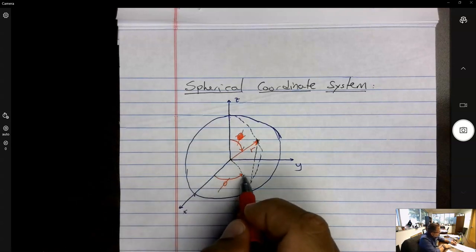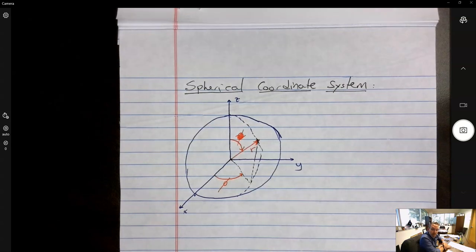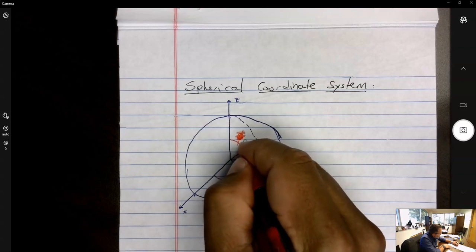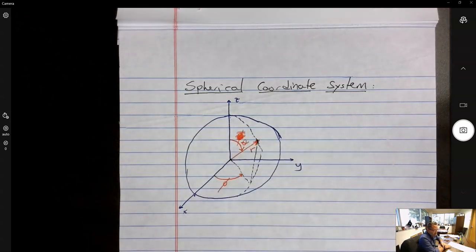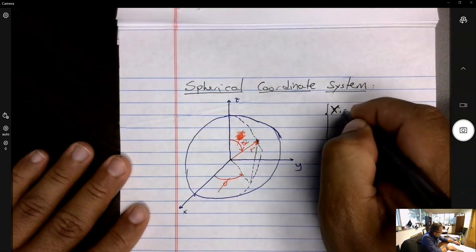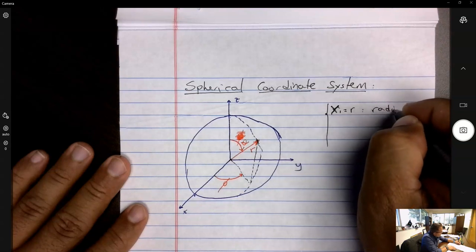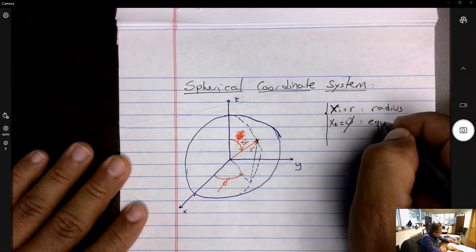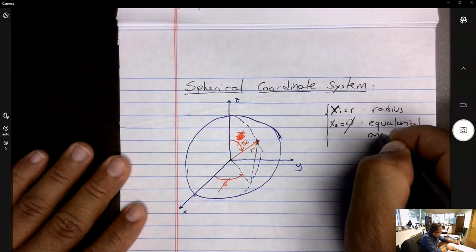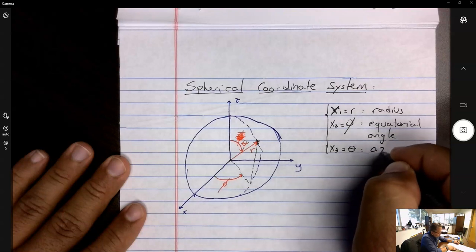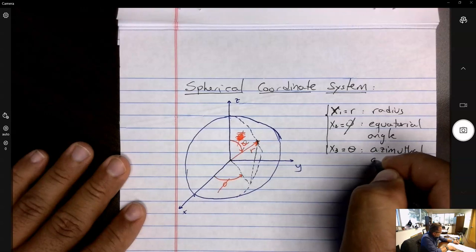So phi is now the equatorial angle, what we used to call theta before in the cylindrical coordinate system, and theta is the angle with respect to the z-axis, the azimuthal angle. So x1 is r, the radius, x2 is phi, the equatorial angle, and x3 is theta, the azimuthal angle.